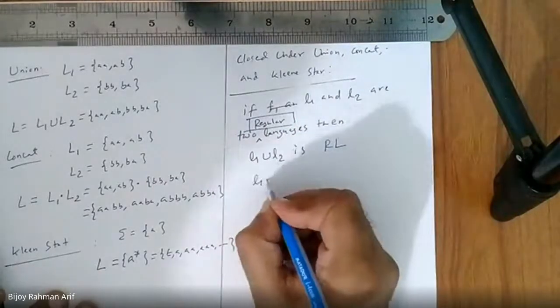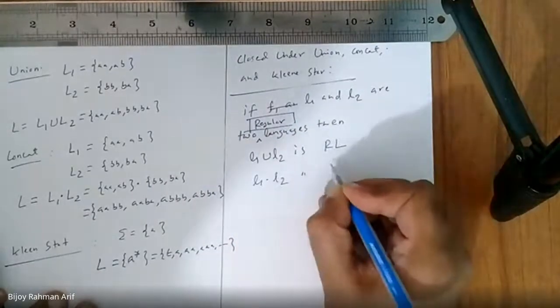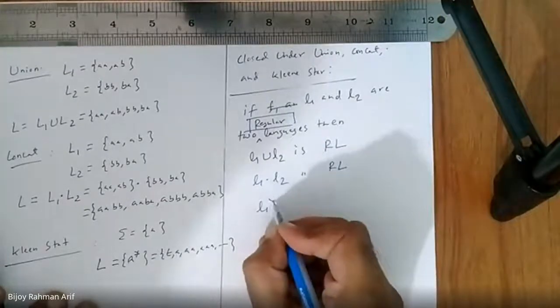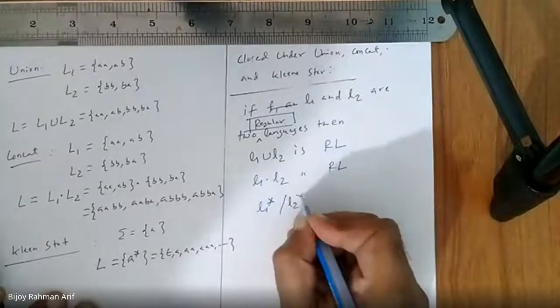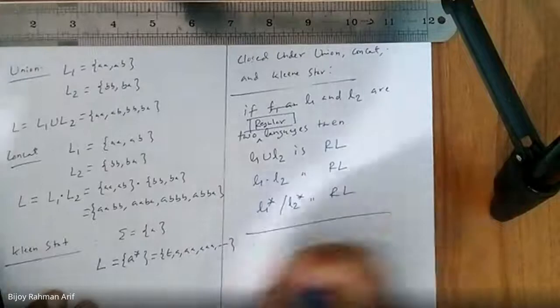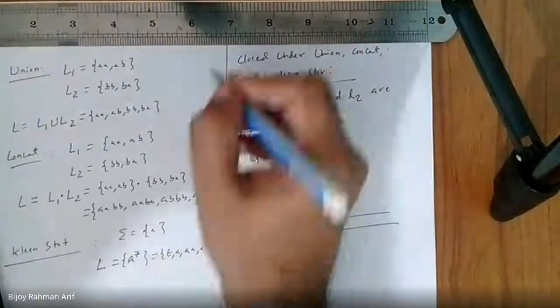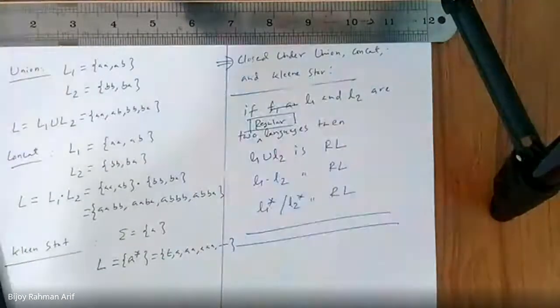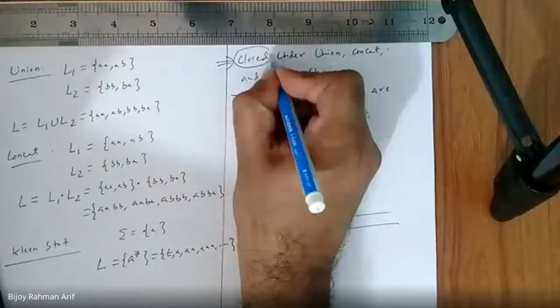L1 concatenate L2 is a regular language, and L1 star or L2 star is also a regular language. So this is the meaning of the word closed.